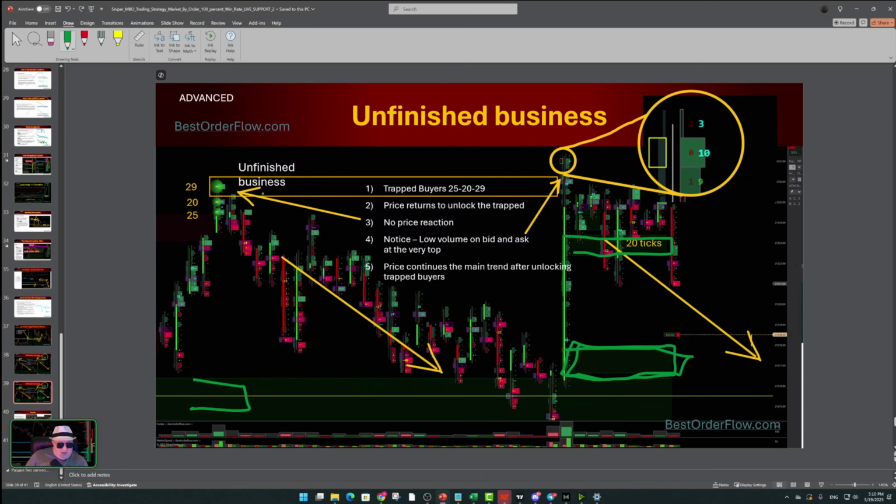What happens right here is that this bubble is 25, then 20, then 29. Together it's about 40, 50, 55, whatever it is, right? Those people intended to buy with the hope that price will go higher.